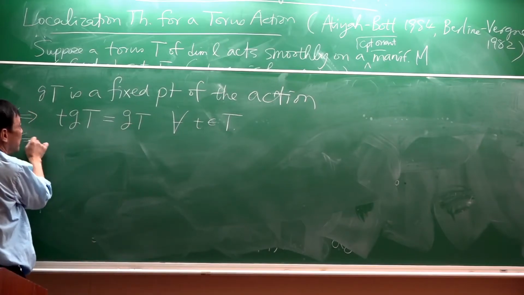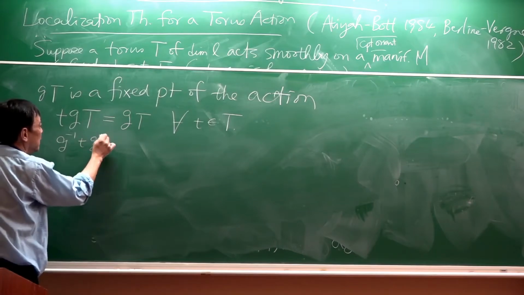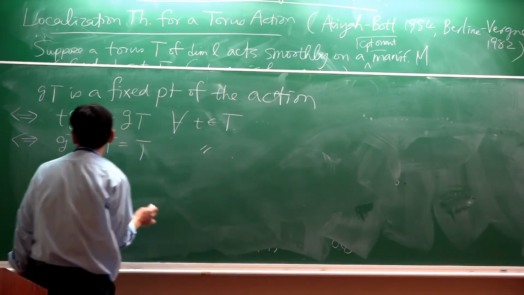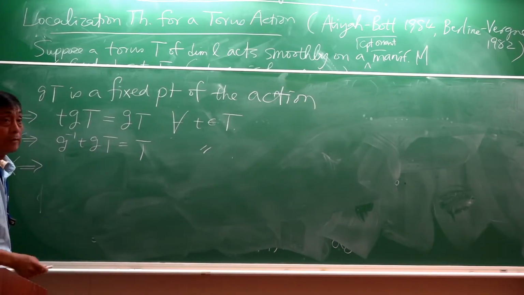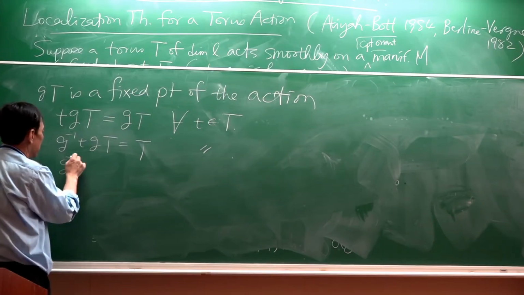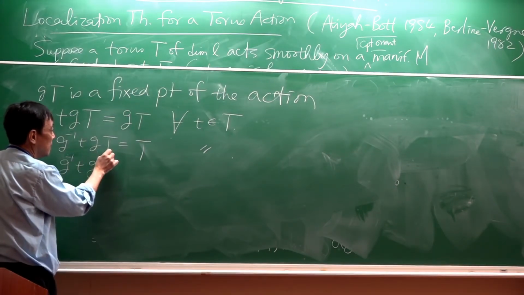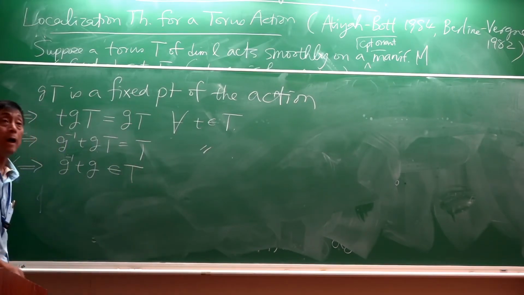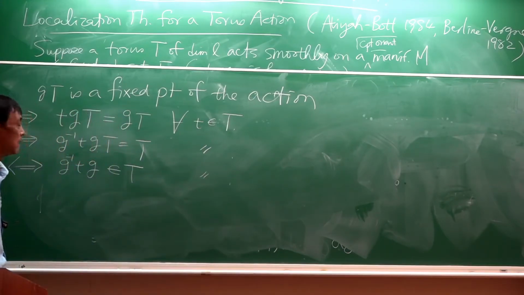And then that is g inverse tg T is T for all t in T. And so this says that g inverse tg, this times the identity is in here, so this is in T. Okay? For all little t in T.